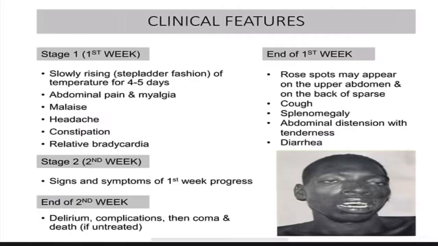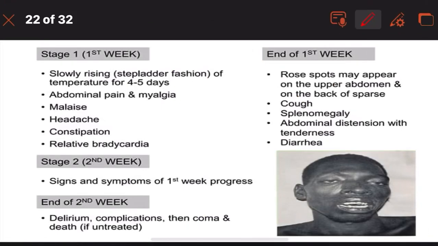Now we move further to the clinical features. In stage 1, in the first week, there is a slow rising step ladder fashion pattern of the fever for 4 to 5 days. You can see the step ladder fashion of the temperature, slow rising.